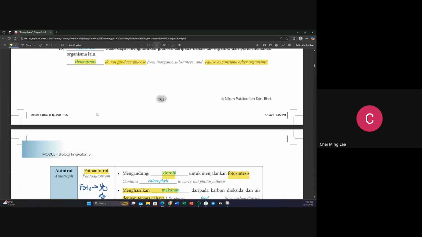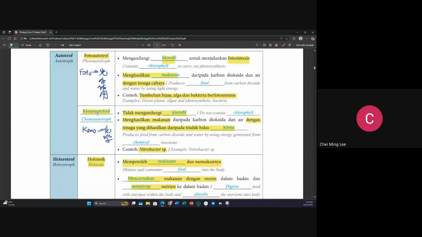Now, let's see each of these. Autotroph, like we said, can make food through sunlight or chemical energy, so it can be divided into photoautotroph and chemoautotroph. Photoautotrophs have chlorophyll to carry out photosynthesis.